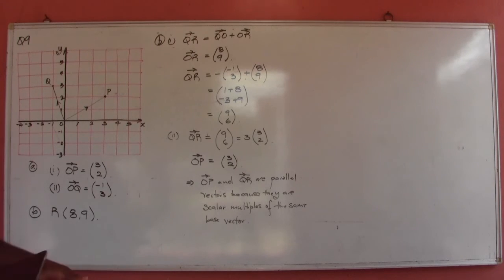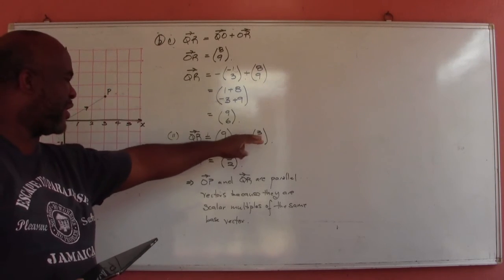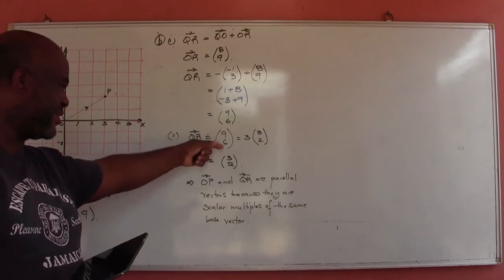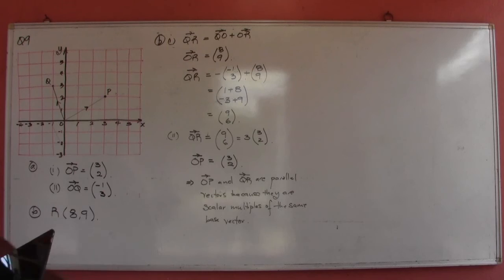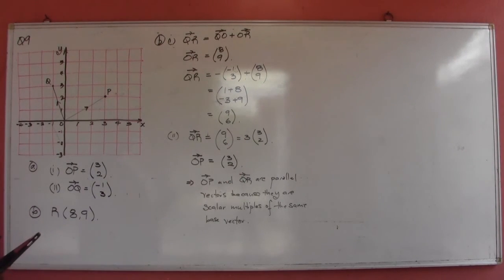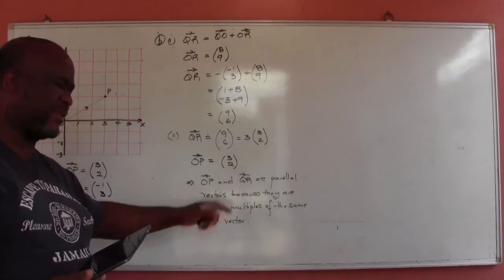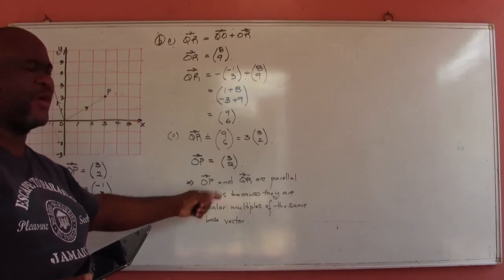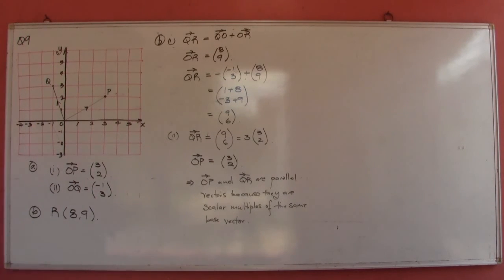QR is 3 times the vector (3, 2), and OP is the vector (3, 2). So the two vectors have the same base vector. When two vectors have the same base vector, we say that the two vectors are parallel, or the two vectors are scalar multiples of the same vector. This is 3 times the vector (3, 2), and this is 1 times the vector (3, 2). When two vectors are scalar multiples of the same vector, the two vectors are parallel.